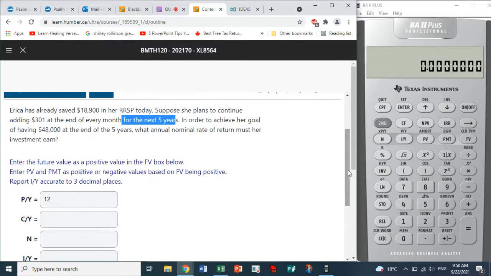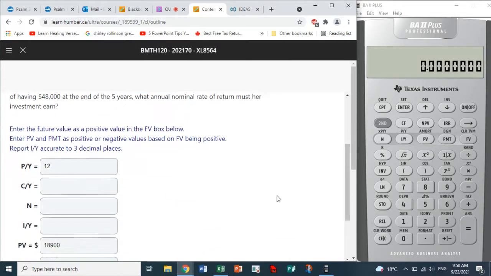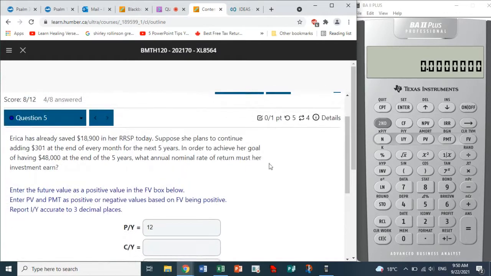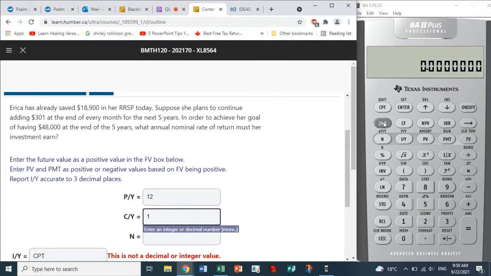So here we go. We can start some calculations here. We are computing this value here, so that would be our CPT, the annual nominal rate of return. CY would be 1.